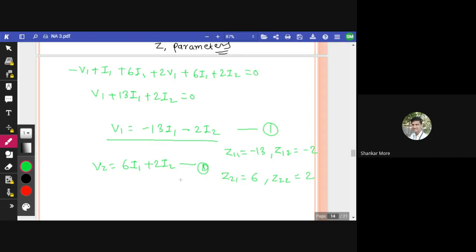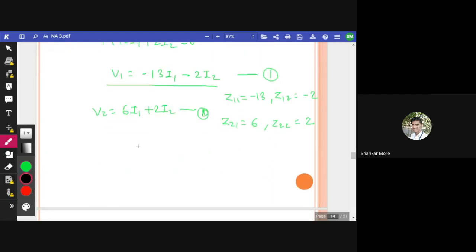All right. So now we have got the equations for Z parameters. Let me write them separately. V1 is equal to minus 13 I1 minus 2 I2 and V2 is equal to 6 I1 plus 2 I2. These are the equations for Z parameters. But we need equations for H inverse parameters, inverse hybrid parameters. So for comparison, I will write it like this.